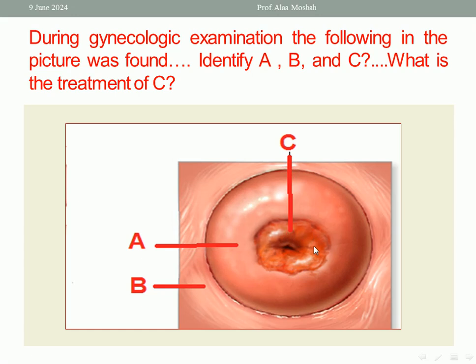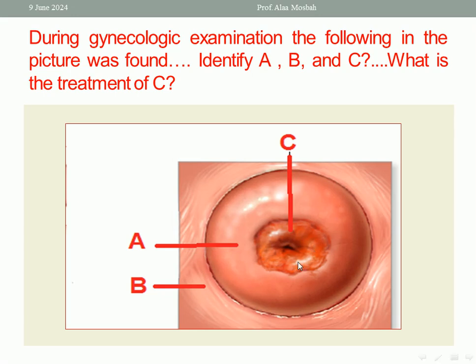You should know that cervical erosion or ectropion can occur physiologically during pregnancy, during adolescence, or in a woman taking combined hormonal oral contraceptives or a gestogen like medroxyprogesterone acetate.